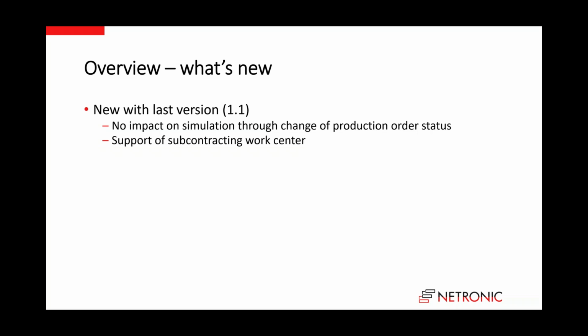And then we brought some enhanced support of the subcontracting work center and support different use cases that you can have when you work with subcontractors. And I already figured out that I should run a separate webinar on this, or at least do a separate video on this. So stay tuned to get more information on how you can work with subcontractors, or scheduled subcontractors work, when you work with the VAPS.